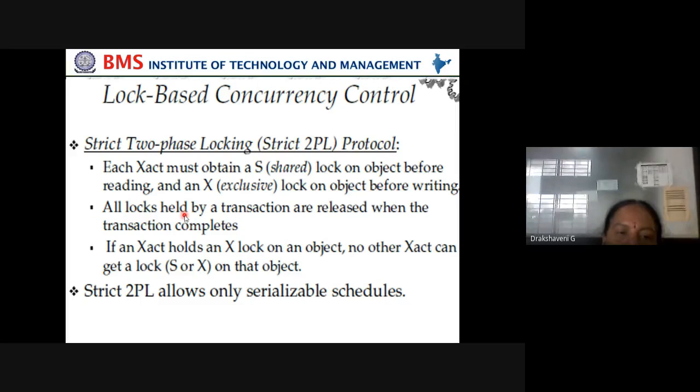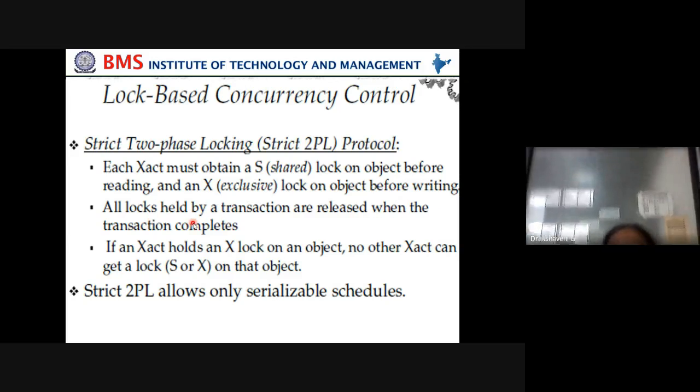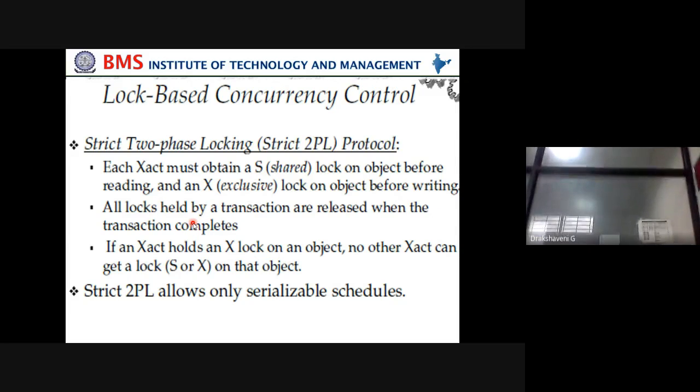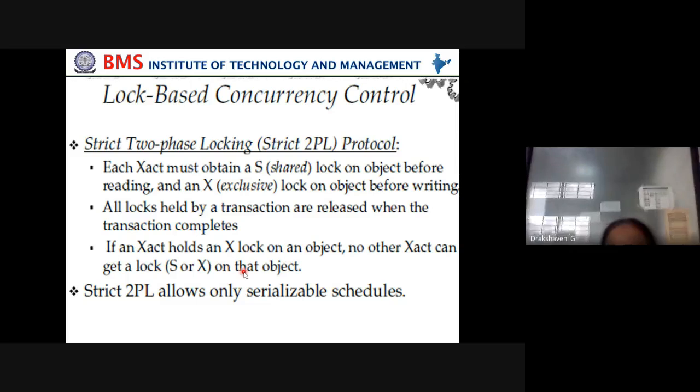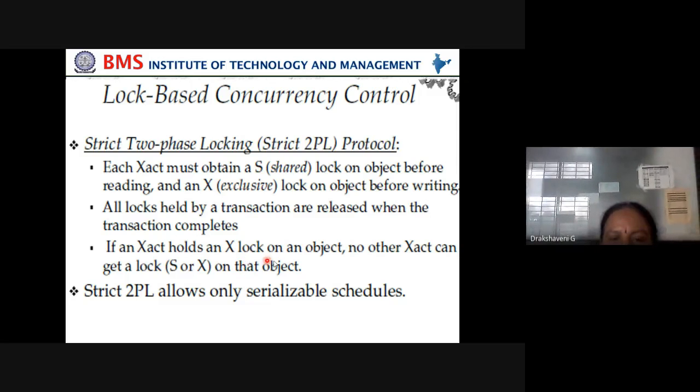All locks held by transactions are released when the transaction completes. So if a transaction holds an X lock on an object, no other transaction can get an S or X lock on that object. Suppose A is one account and both of you are using it, it depends on what type of lock you have used, whether a shared lock or an exclusive lock.